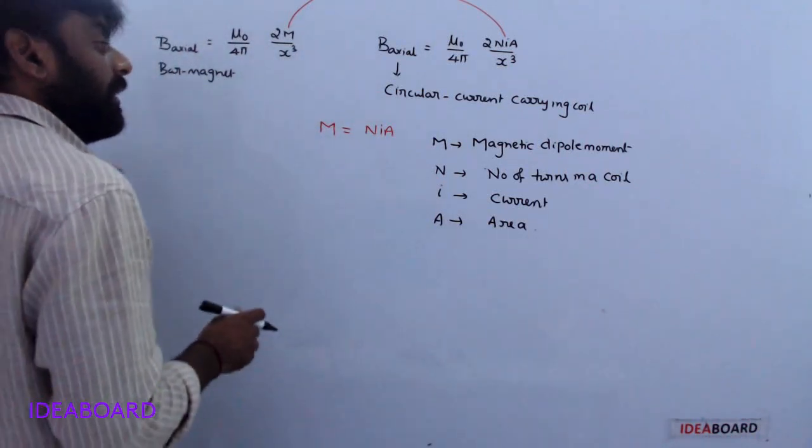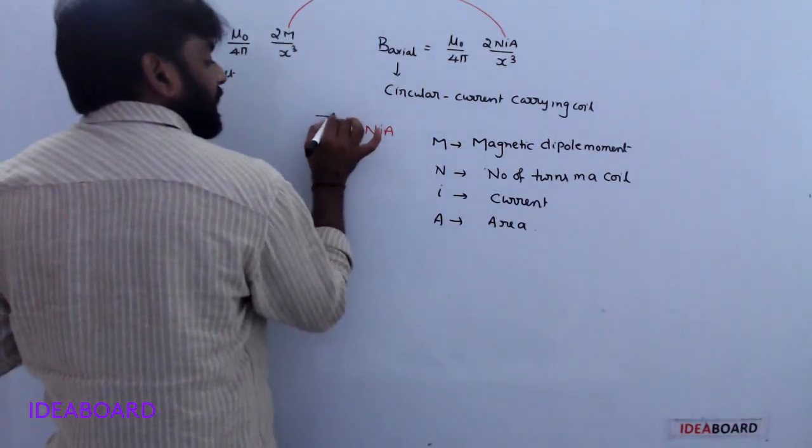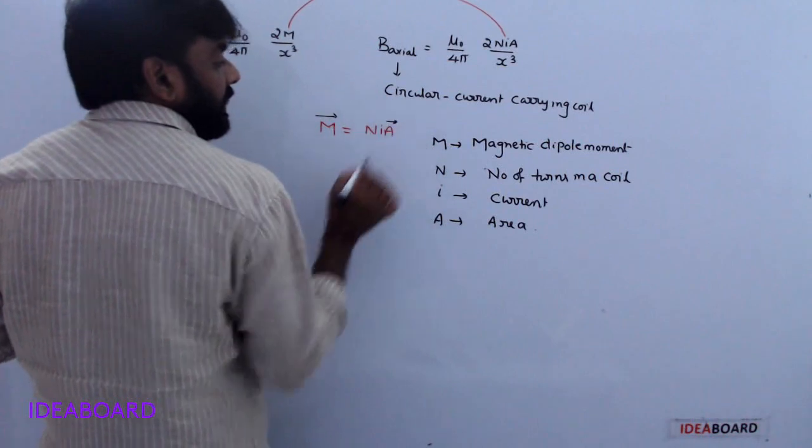Now, magnetic moment is a vector quantity.